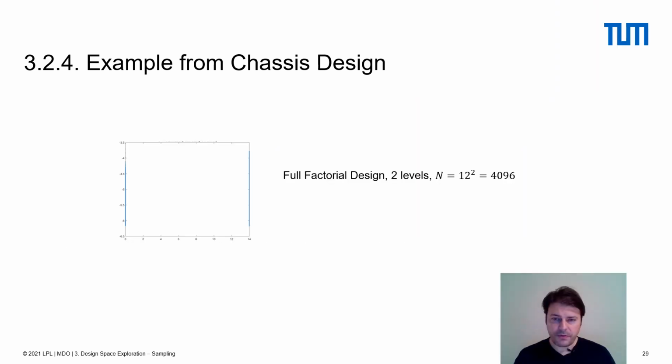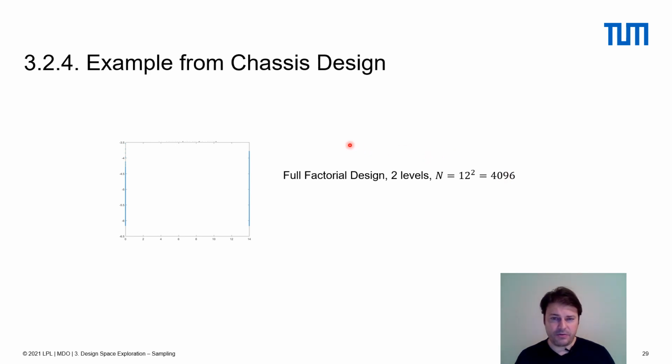If you compared this to a full factorial design, you can quickly realize that this wouldn't produce very meaningful results here. So if you did a simple two-level full factorial design with 12 design variables, you would end up with 4,096 simulation runs.